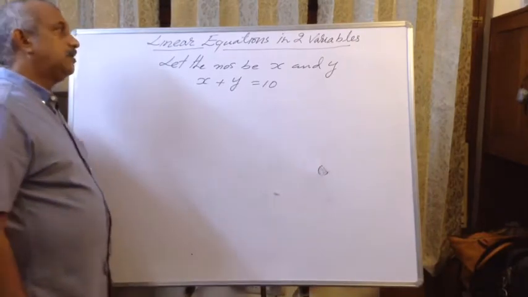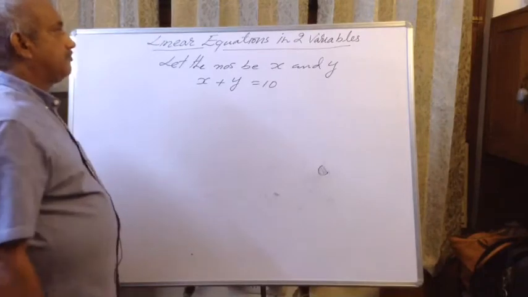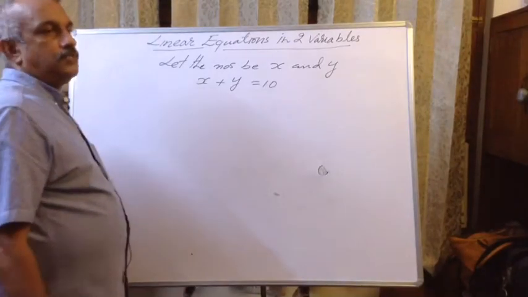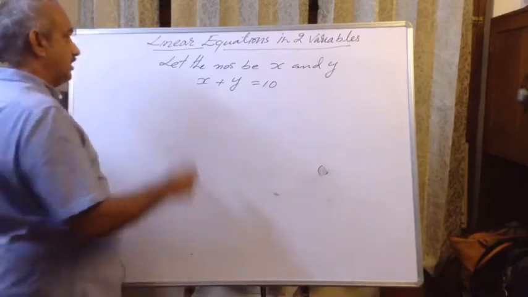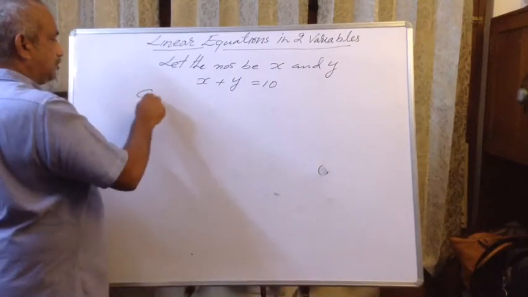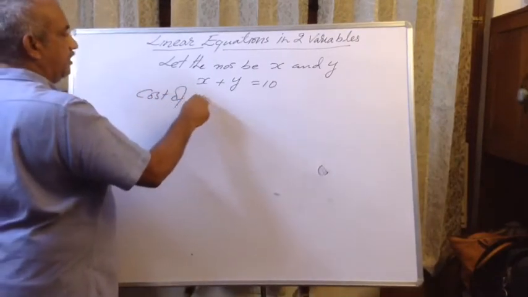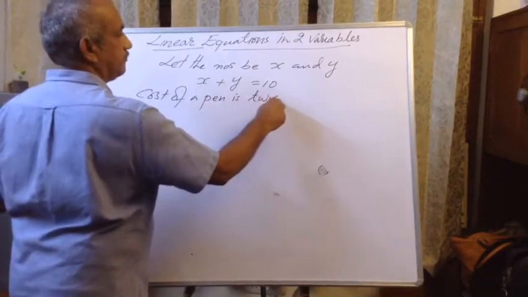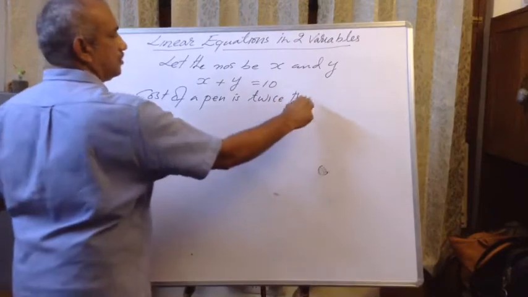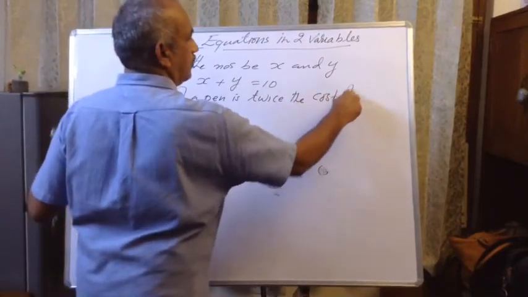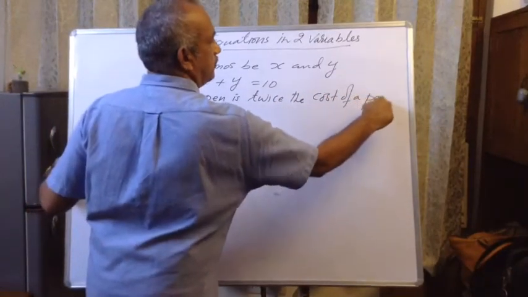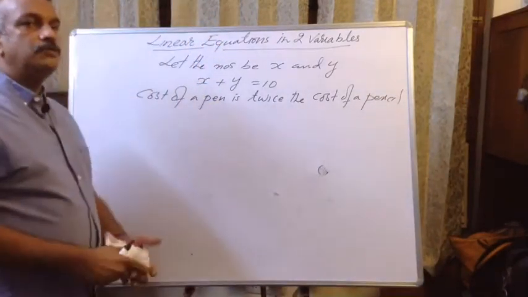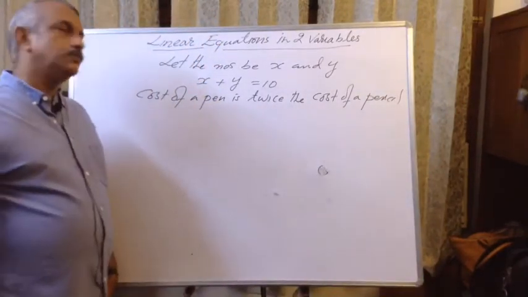See another one. Say the cost of a pen is twice the cost of a pencil. Now convert this one into a linear equation in two variables.